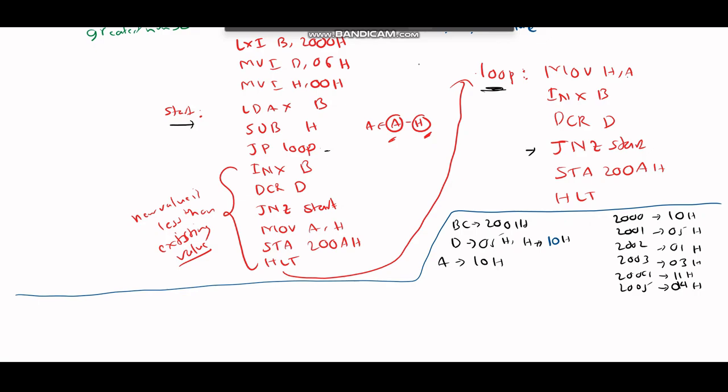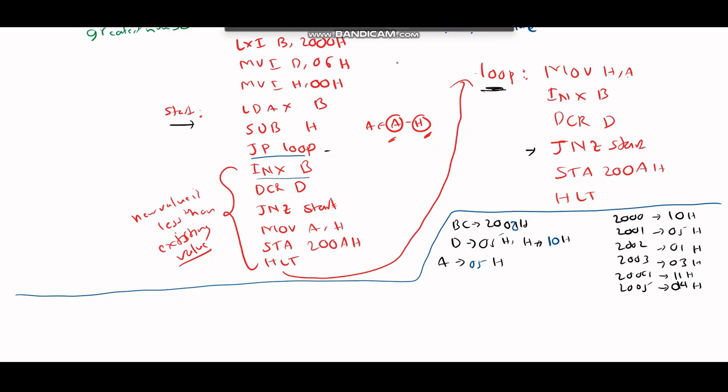Now we again load the value from address BC, which is currently 2001. So in the accumulator we get the value 05H. Now we subtract 10 and 05, basically we do 05 minus 10. The result is going to be negative, which means this condition is not satisfied. So we move down. The address now becomes 2002 because we have increased the BC pair.